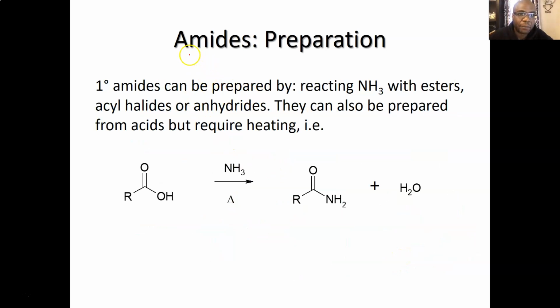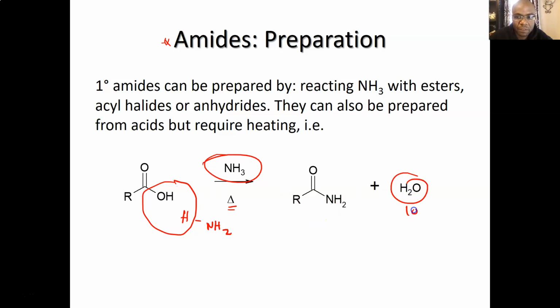So how do we make amides? For primary amides, what we can do is a condensation reaction by heating. Again, I'll always give you the shortcut. That's your ammonia, NH3. You lose H and OH, which is lost as water. Click the NH2 to the carbonyl, and you get your amide.